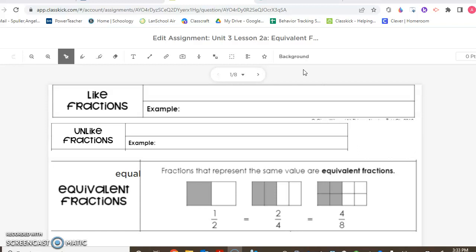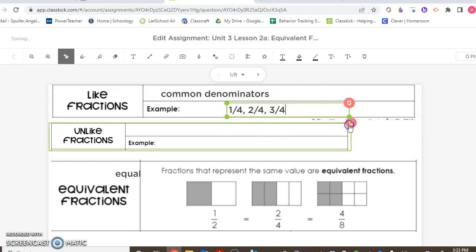There's two things that we need to look at before we can get into that, though, which is the two types of fractions. We have like fractions, which have common denominators. So an example of like fractions are 1/4, 2/4, 3/4.